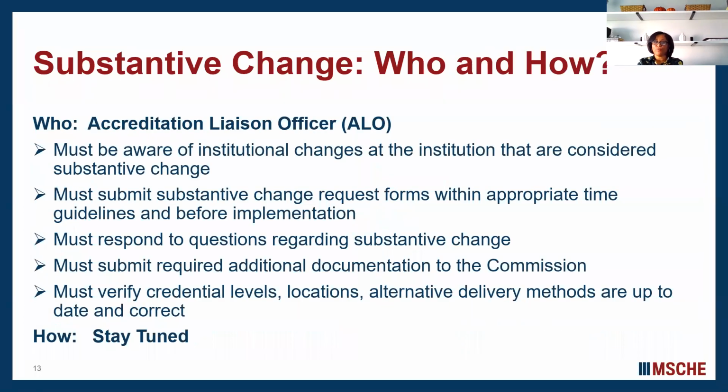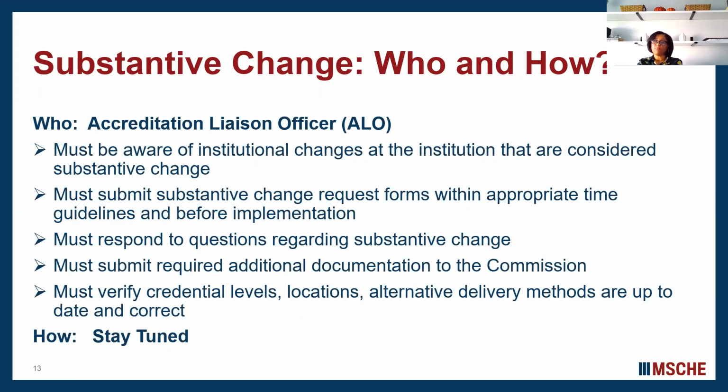Now to the who. The Accreditation Liaison Officer, aka ALO, plays a huge role in the substantive change process. The ALO must be aware of institutional changes at the institution that are considered substantive change, so they should participate in the communication and planning processes within the institution regarding substantive change.